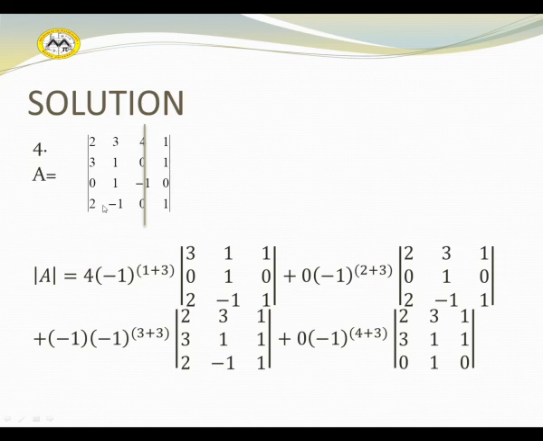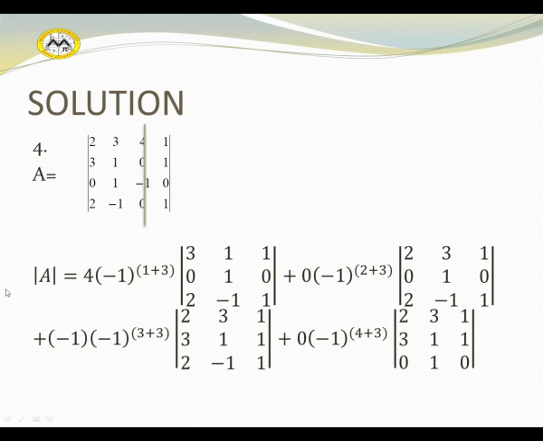And then when we delete the fourth row, third column, the element is 0, to be multiplied by the cofactor, negative 1 raised to fourth row, third column, and multiplied by the minor, whose remaining elements after deleting the fourth row, third column are 2, 3, 0, 3, 1, 1, 1, 1, 0.